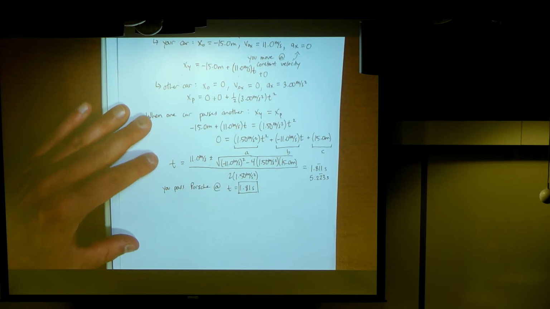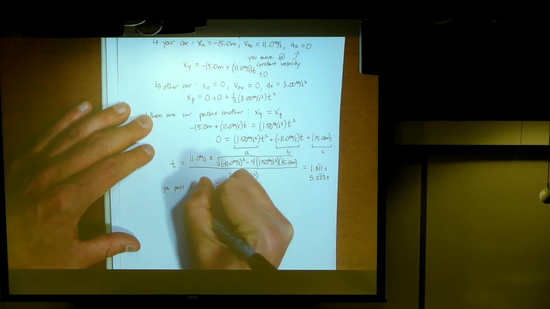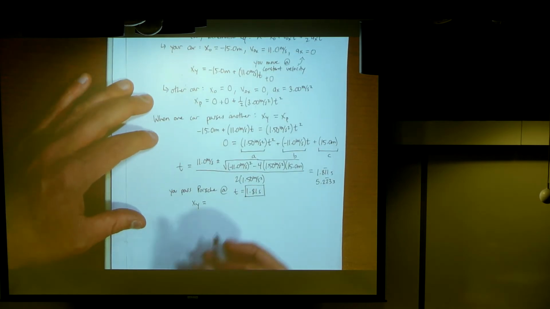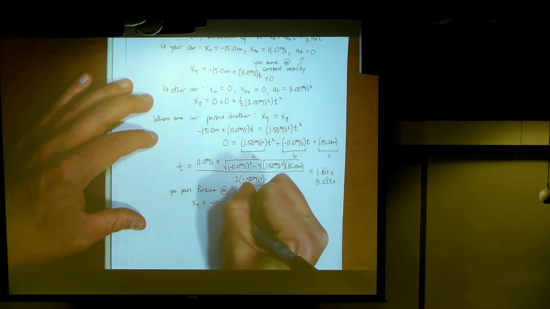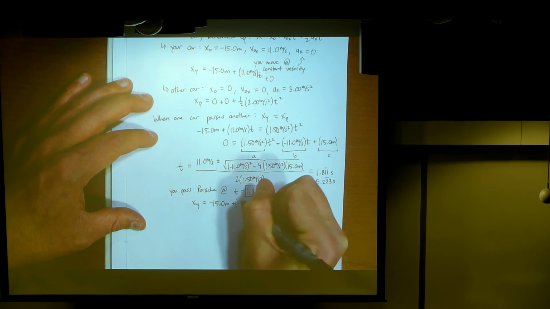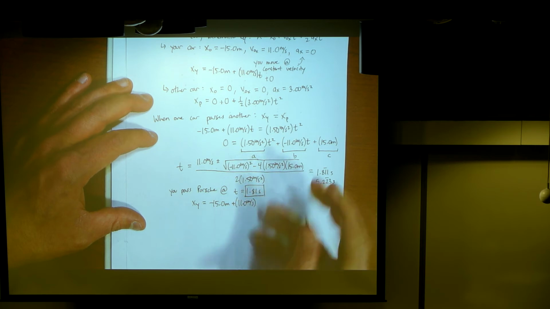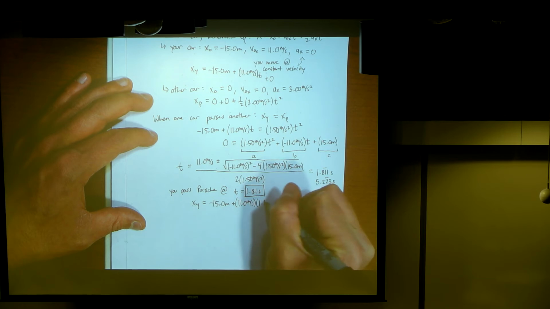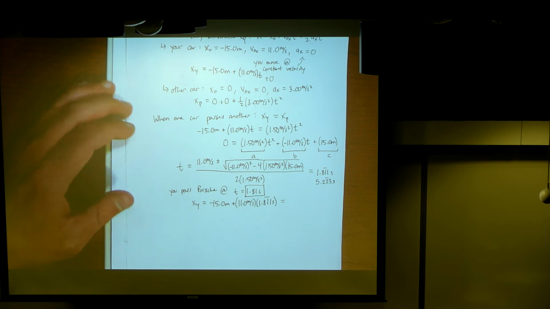So, I don't know, let's do the expression for your position, which is minus 15 meters plus 11 meters per second, and then we're multiplying this value of t, which is 1.811 seconds. And can someone just quickly do that number crunching for me and tell me what it is?